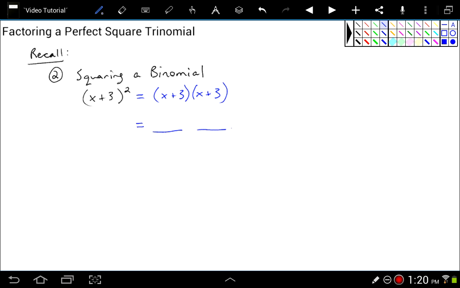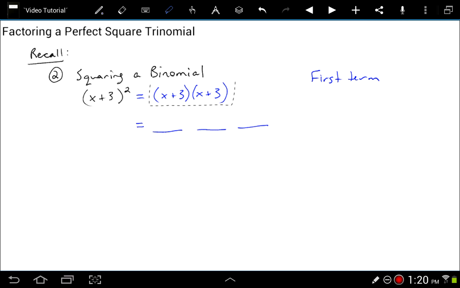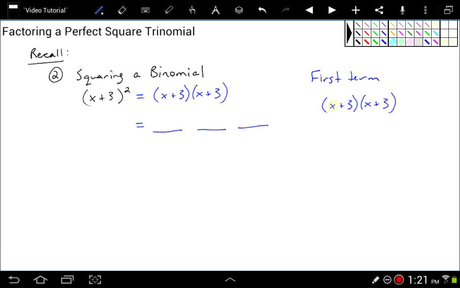3 terms. So the first term out of x plus 3 times x plus 3 comes from x times x. So it will be x squared, and that's what's going to go here. The first and last terms are the easiest.